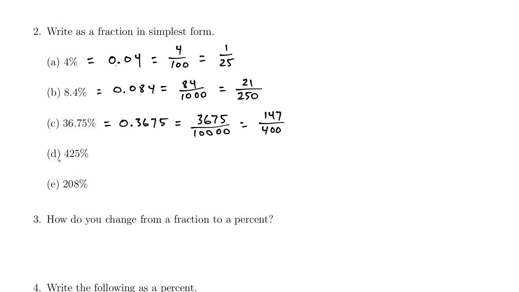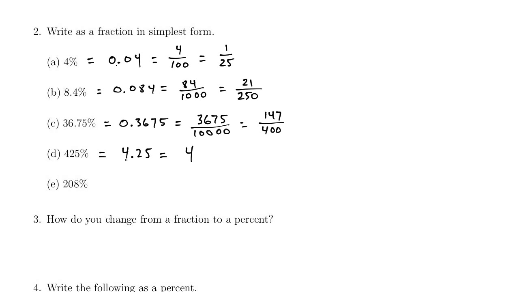Okay, let's see, part D. We've got 425%. Well, when we change this to a decimal, move the decimal place 2 places to the left, we get 4.25. All right, and remember how we changed these to mixed numbers. Our whole number here, the 4, is going to be the whole number in our mixed number.